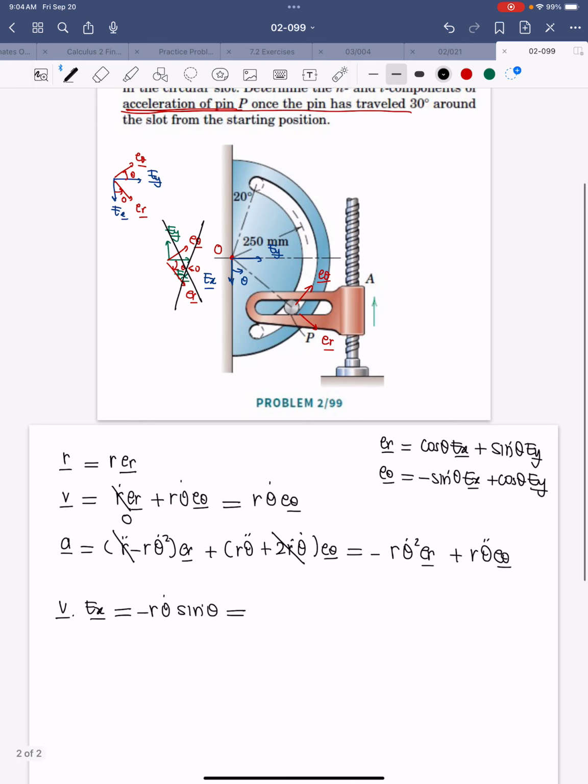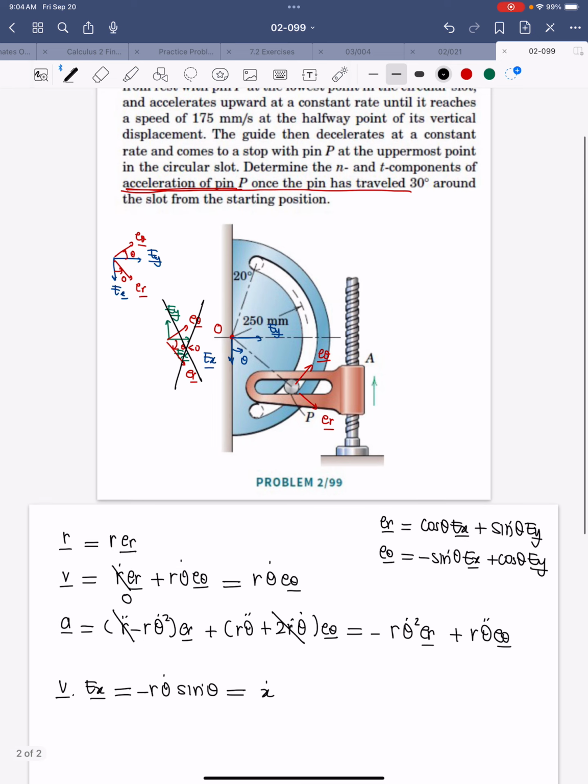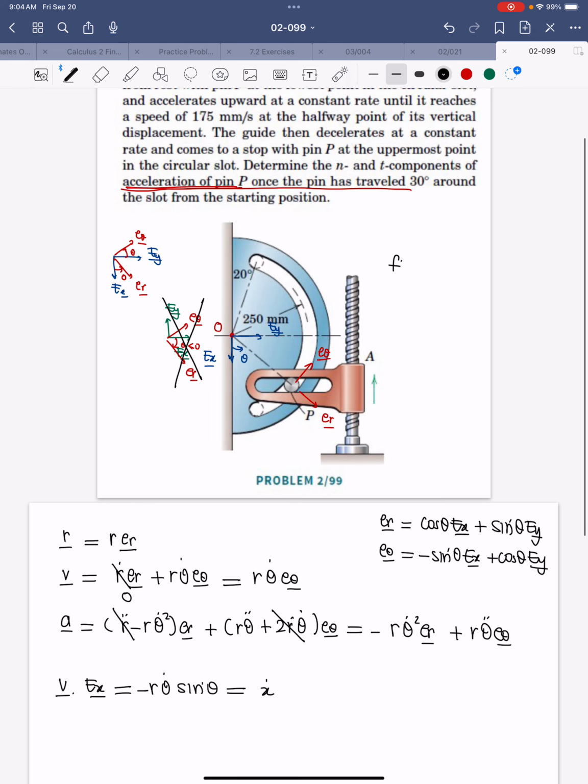That's going to be equal to x dot, the vertical velocity of the slot. So for the slot, v is x dot e_x and a is x double dot e_x.